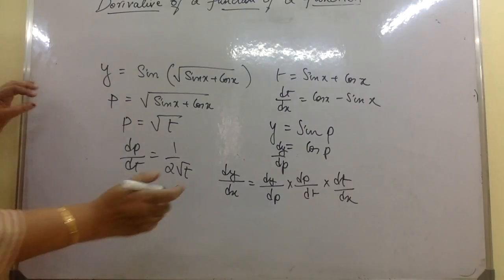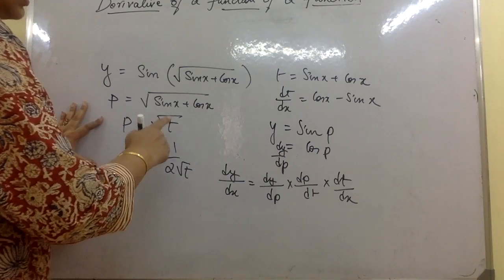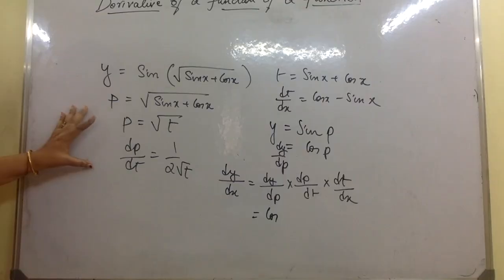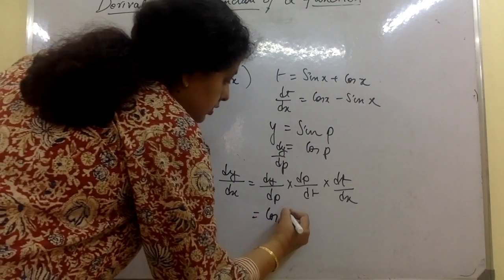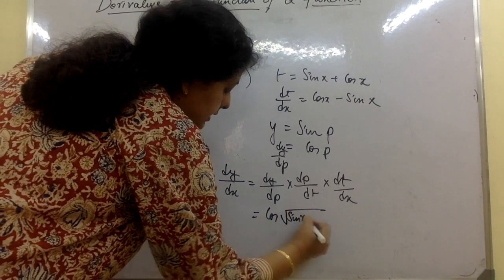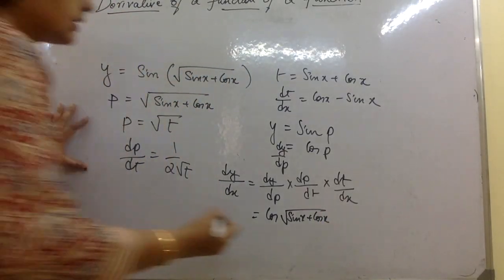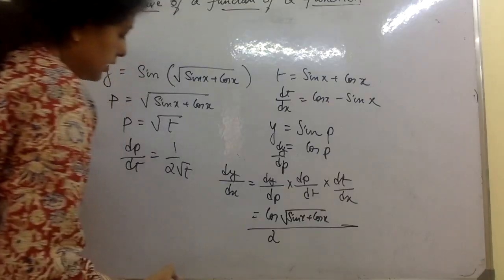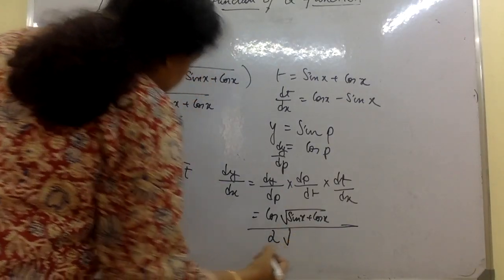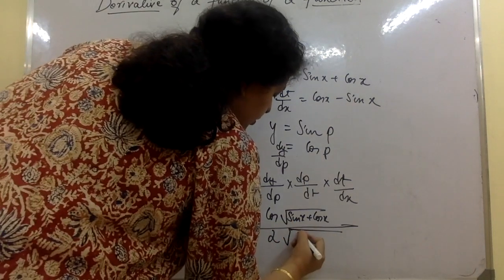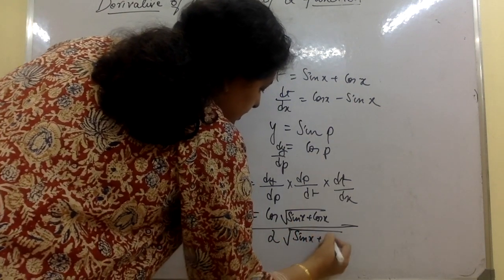Okay, so dy by dp is cos root sin x plus cos x. Okay, dp by dt is 1 by 2 root t, which is t is sin x plus cos x, so root sin x plus cos x.